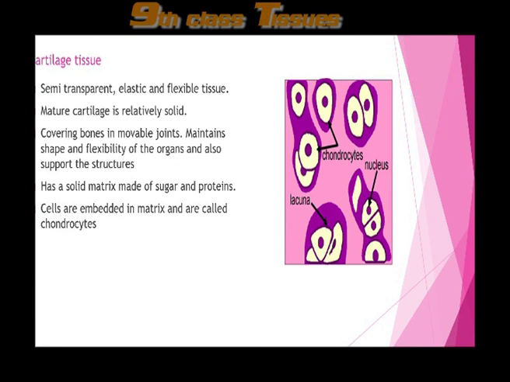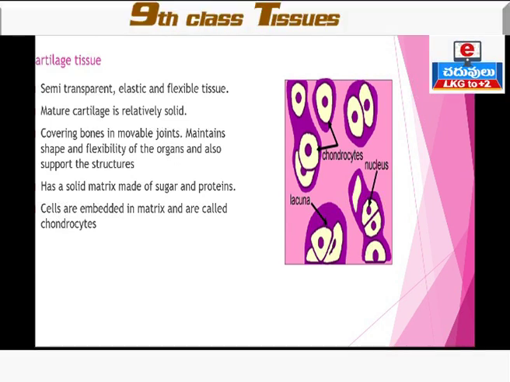Mature cartilage is relatively solid, and it also maintains the shape and flexibility of the organ and supports structures. It has a solid matrix made up of sugar and proteins, and the cells embedded in the matrix are known as chondrocytes. You can see the picture of chondrocytes very clearly. Cartilage is present mainly in the nose, ear, trachea, etc. So it is a flexible part of our body.